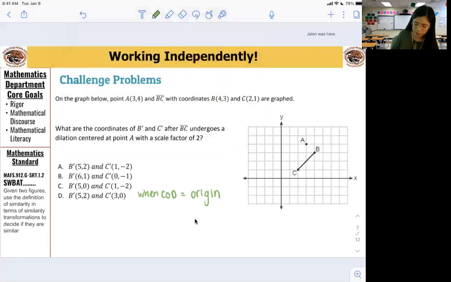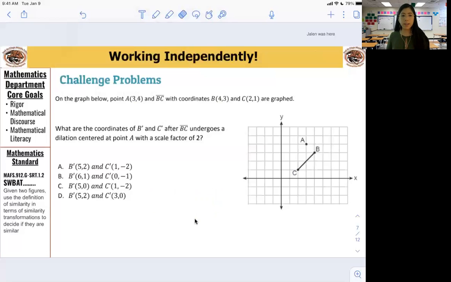When the center of dilation is the origin, you can just take your coordinate point and multiply it by the scale factor, k. But is that the case here? No, right? In this case, the center of dilation is A. So we can't really do this, unfortunately. It's not going to be that easy.